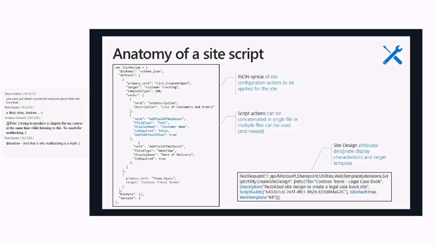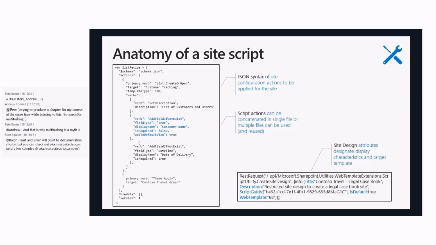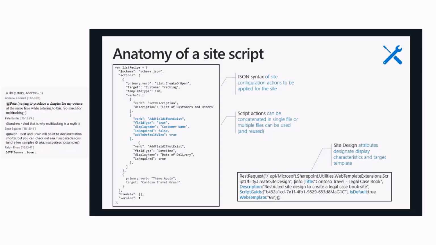Now, a site script is this kind of JavaScript with JSON inside. And if you look at the JSON, what you see is, of course, it has actions. So we see the actions, and in this case, the sample has two actions. One action is called list.create or open, and the other one is theme.apply.